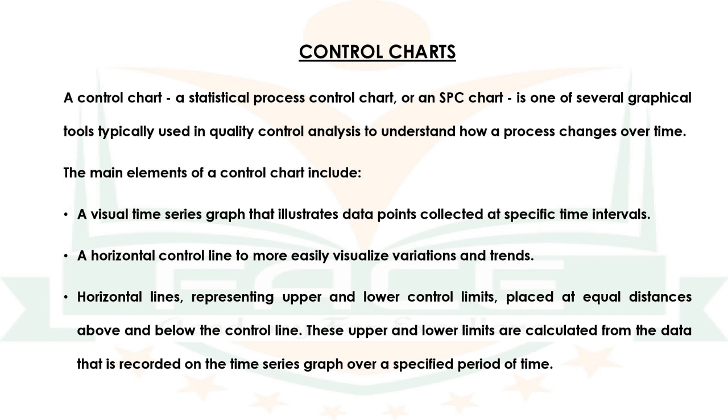The main elements of a control chart include a visual time series graph that illustrates data points collected at specific time intervals, a horizontal control line to more easily visualize variations and trends, and horizontal lines representing upper and lower control limits placed at equal distances above and below the control line. These upper and lower limits are calculated from the data that is recorded on the time series graph over a specified period of time.